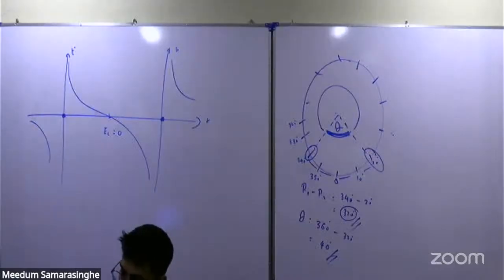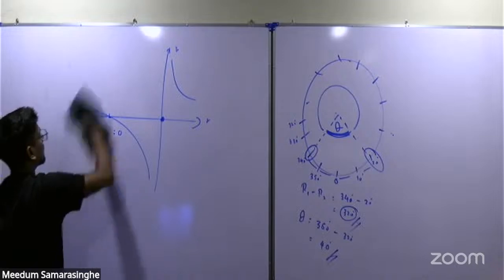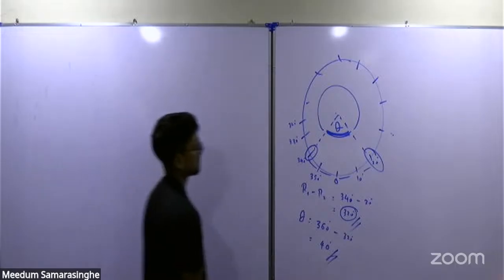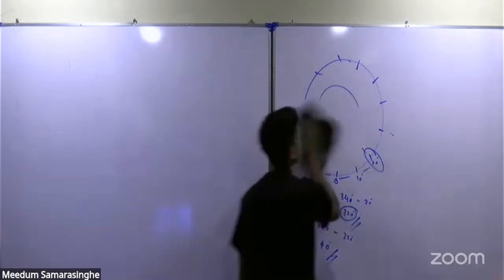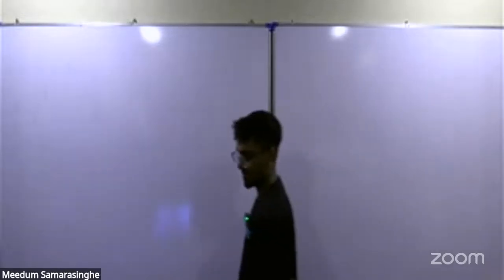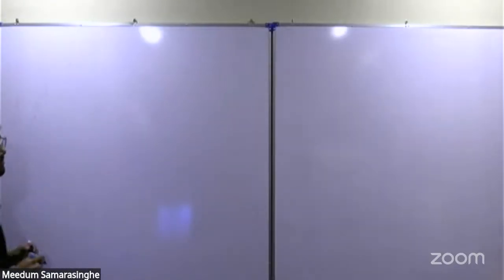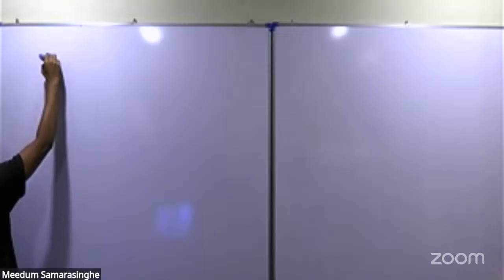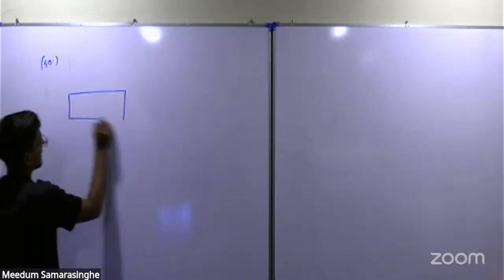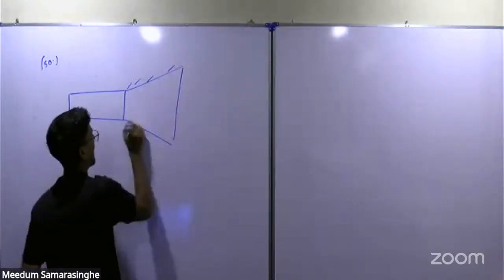So how to do this one? There is an uninsulated rod, and from here to here the rod is insulated, well lagged.